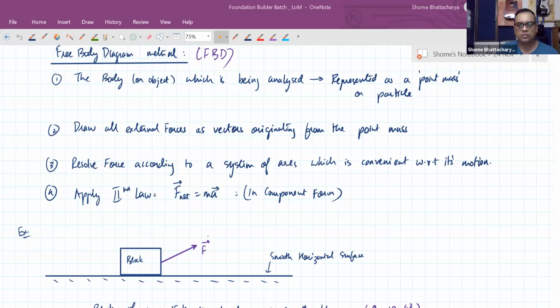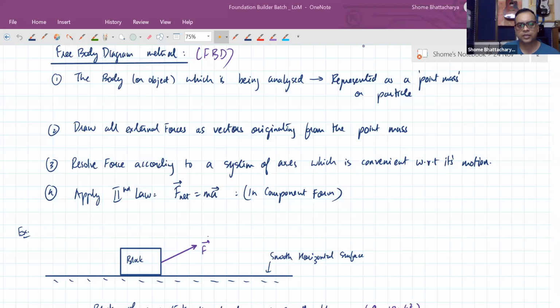Yeah, so let's go back to that question we were discussing. I think one or two of you had given me the answer for the acceleration also, but since I was logged out, you will have to send me the messages again.